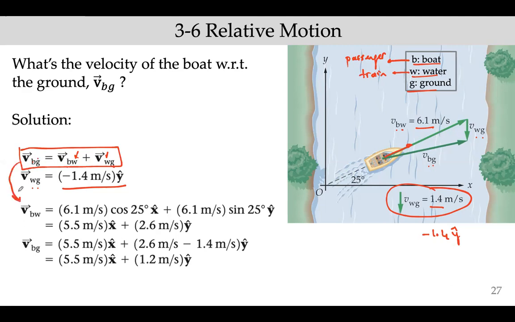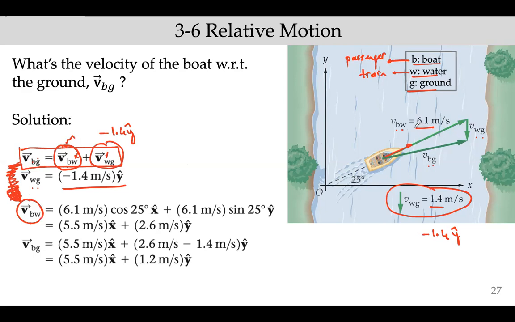What I need first is the velocity of the boat with respect to the water. Okay, we are not doing that yet. We got this part: this part is negative 1.4 y hat. Now we need this part, the velocity of the boat with respect to the water.